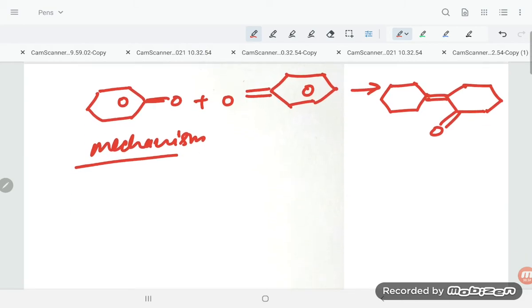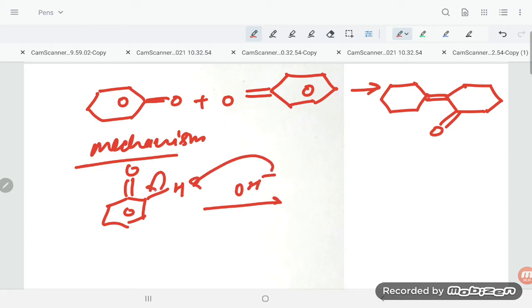If you talk about the mechanism, students, here C=O is there, here is hydrogen, and it is attacked by OH, forming a negative charge.